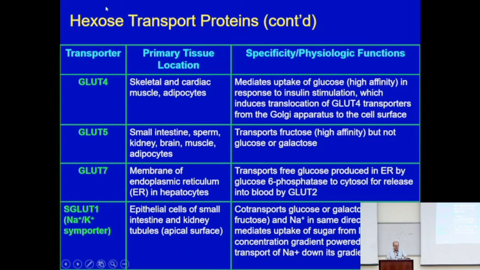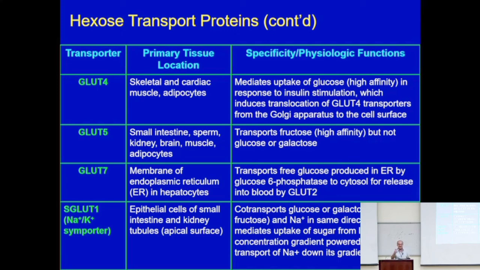So then we get to GLUT4. GLUT4 is another very important transporter. And this one is exclusively found in muscle, both skeletal and cardiac muscle, as well as adipose tissue. This transporter is unique to these tissues, and its importance is that it is insulin dependent.